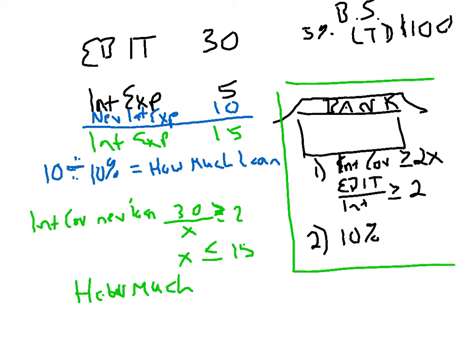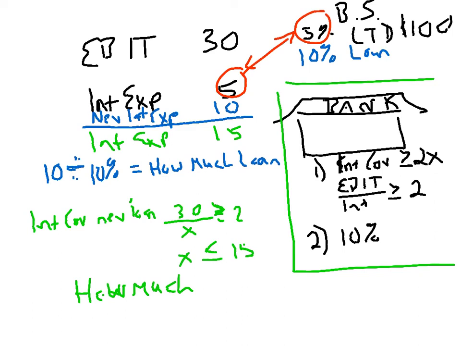And why 10%? Well, if you go back and look up here, this 5 is because of the 5%, right? This is where this is tied off at. So we get a new loan, it's going to be this 10%.